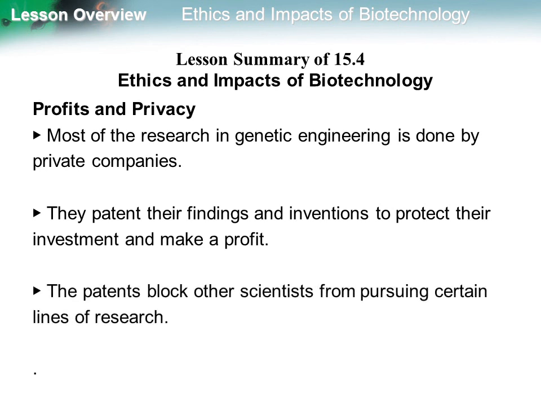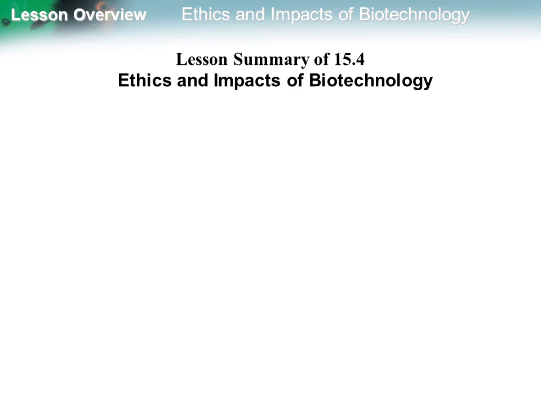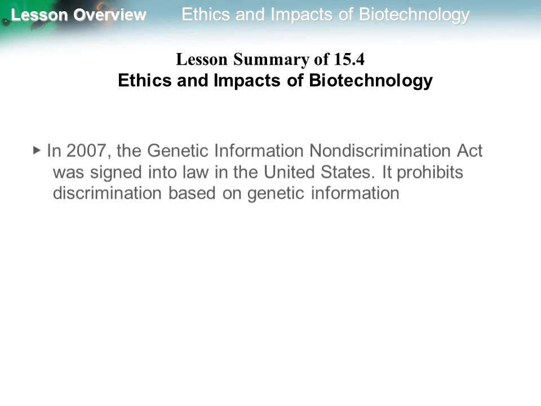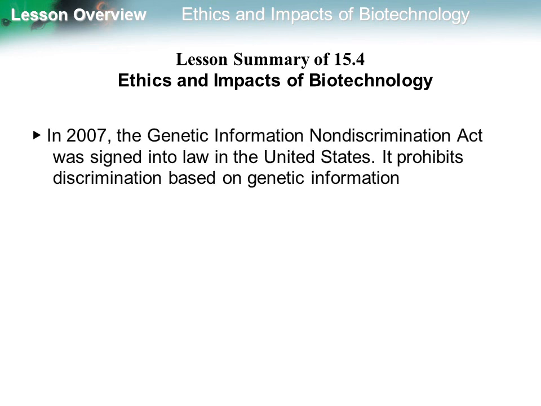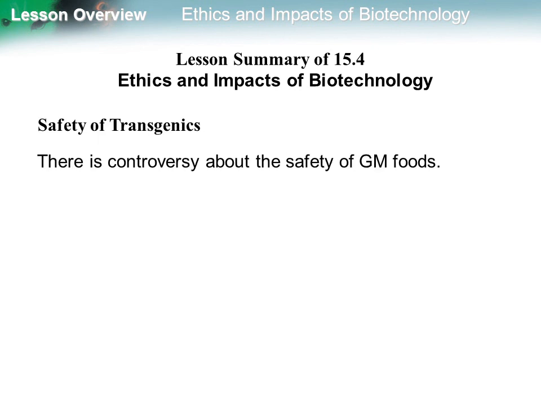The patents block other scientists from pursuing certain lines of research. To avoid such kind of problems, in 2007, the Genetic Information Non-Discrimination Act was signed in law in the United States. It prohibits discrimination based on genetic information.